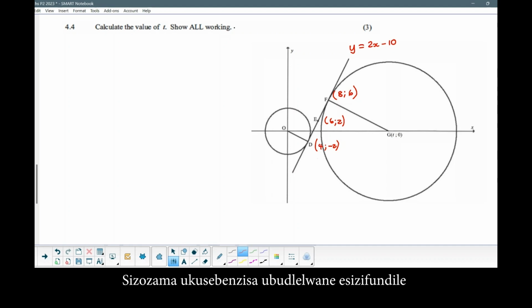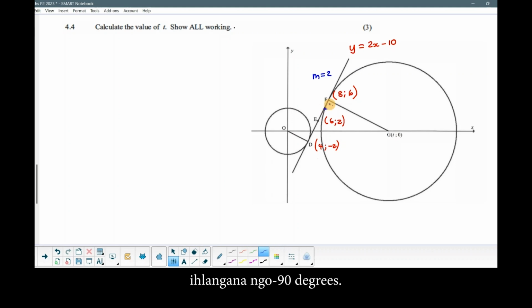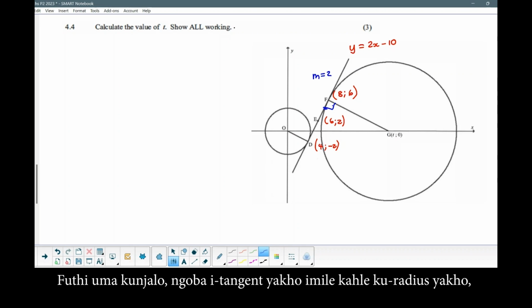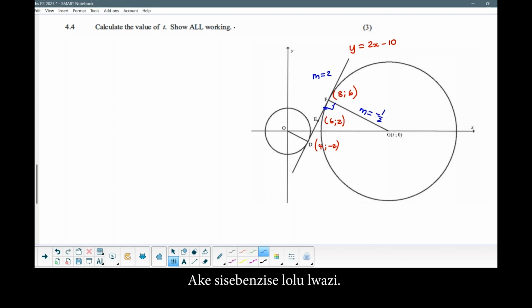So we're going to try and use some of the relationships we've learned to work out point T. Now, I know that this gradient here is equal to 2, and this is your line from center to your tangent. I also know that those two lines are perpendicular to each other. So that's 90 degrees. Because your tangent is perpendicular to your radius, the gradient of FG is equal to negative half. So let's use that information.